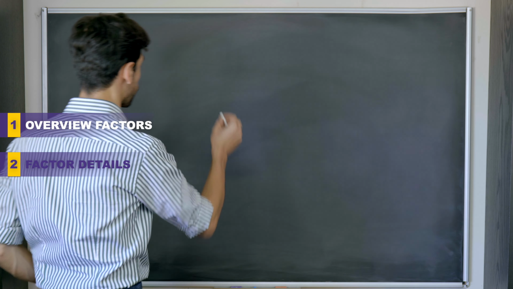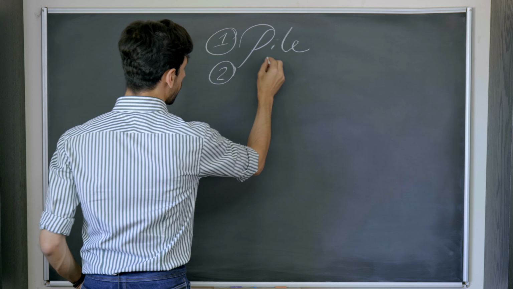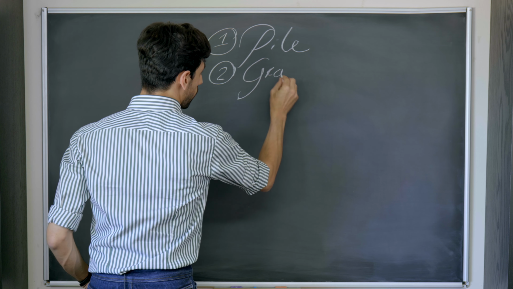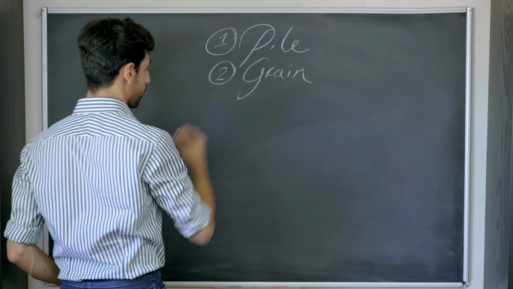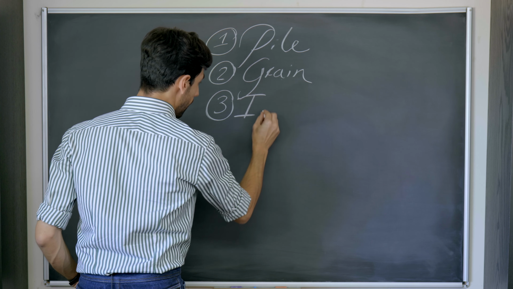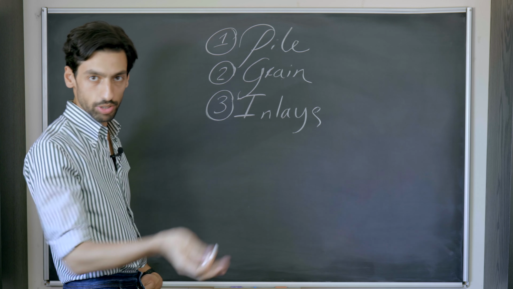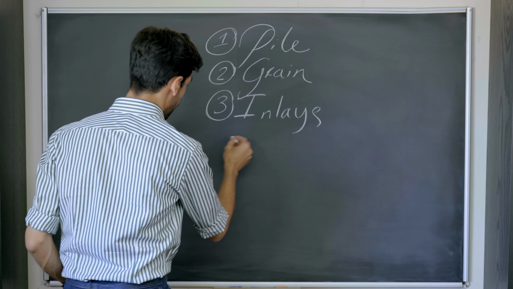What are those factors? Well, the first factor is going to be pile. Does your fabric have hairs on it like a cashmere, or is it just a plain weave fabric? Then we have factor number 2, and that's going to be the grain of the fabric. After that, we have factor number 3, and that's going to be the inlays, and we as tailors are going to make alterations, so we need extra fabric for those alterations.